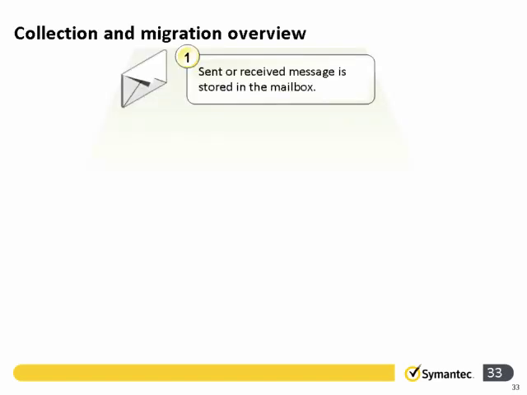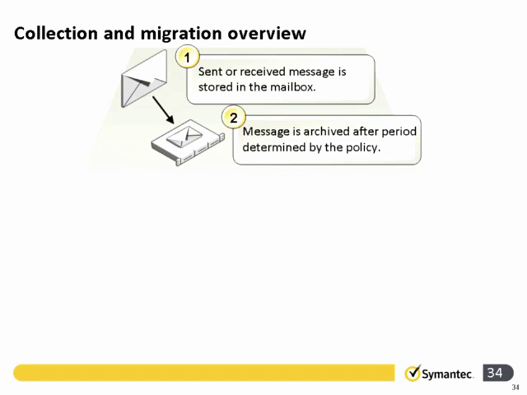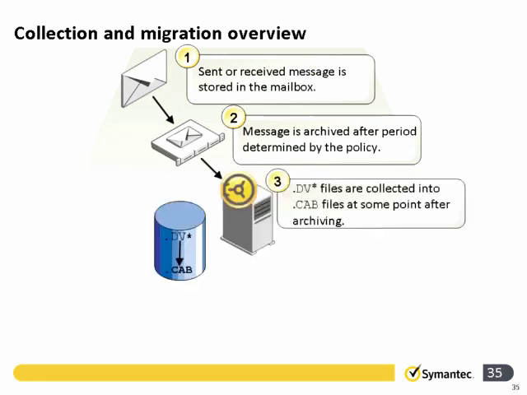The basic process, and we've looked at this a couple of times in previous lessons, so we'll revisit it. Either a sent or received message is stored in the mailbox. That message is then archived based upon the mailbox archiving policy. Once it is archived on the Enterprise Vault server in the Vault Store partition location, it'll be generated as one of the DV file extensions, whether it is a shared or unique part, a sys part, or a collection file.